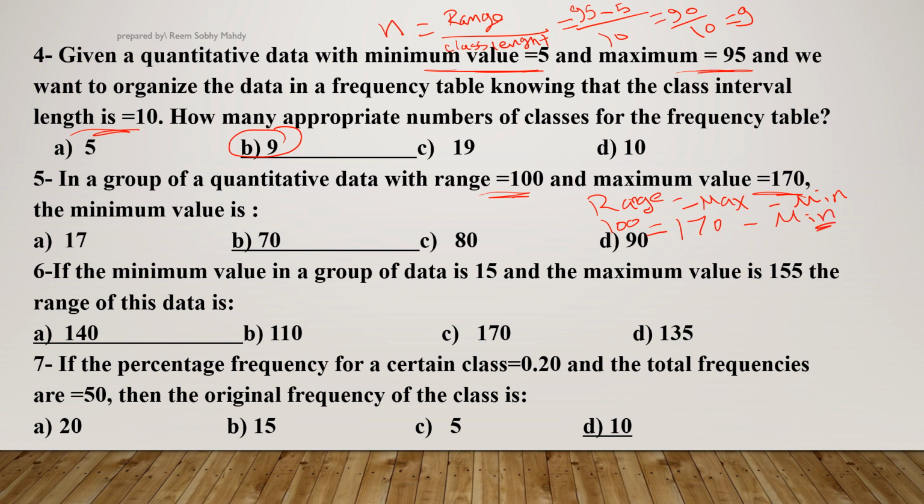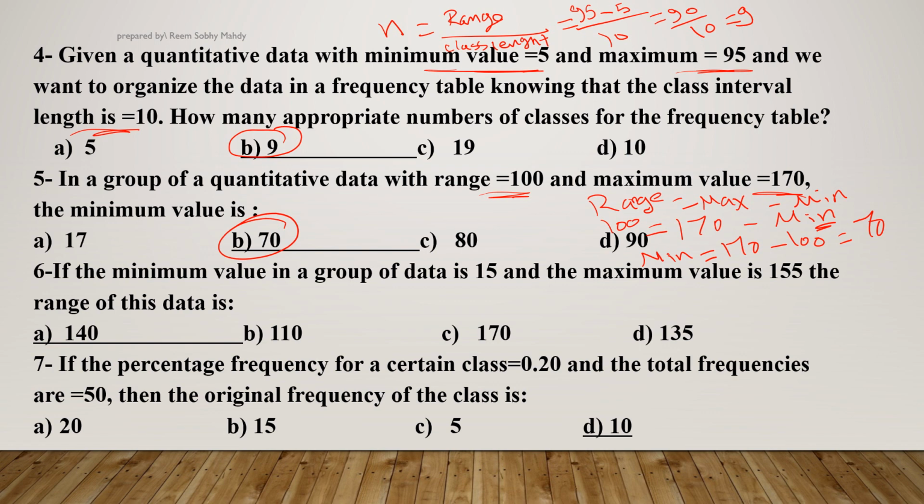So the minimum value equals 170 minus 100, and this equals 70. So the correct answer is B.